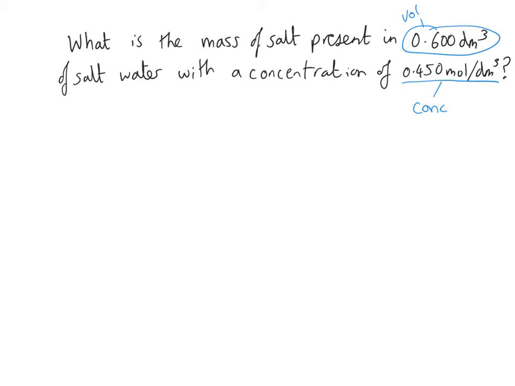So the first thing that we need to do is we can do moles equals concentration times by volume, which is concentration 0.450 times by 0.600, which gives us a number of moles equal to 0.270 moles of salt.